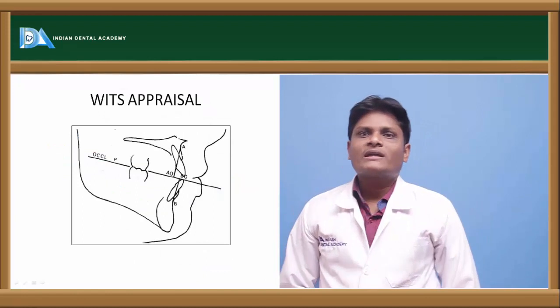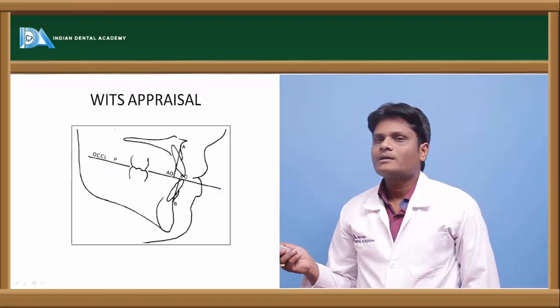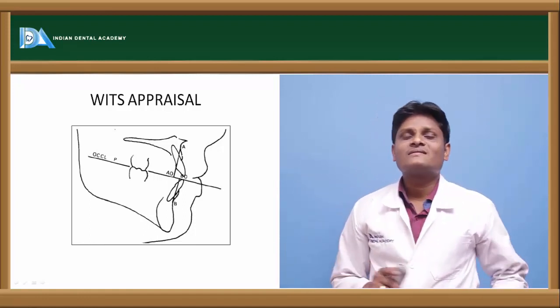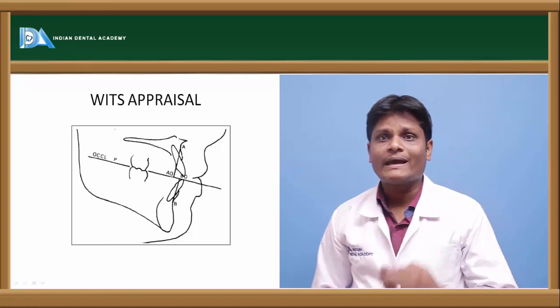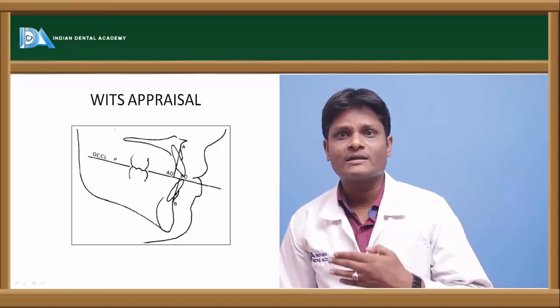The next important basic analysis is Wits appraisal. Here in this analysis we have only a single parameter. This analysis was mainly introduced to know the anteroposterior skeletal relationship between maxilla and mandible.